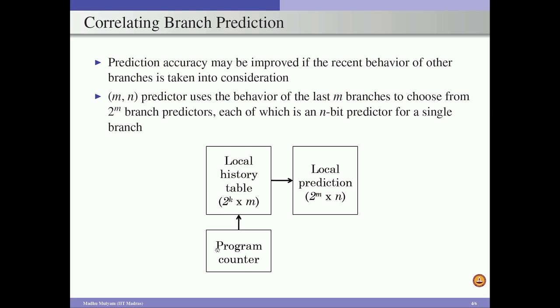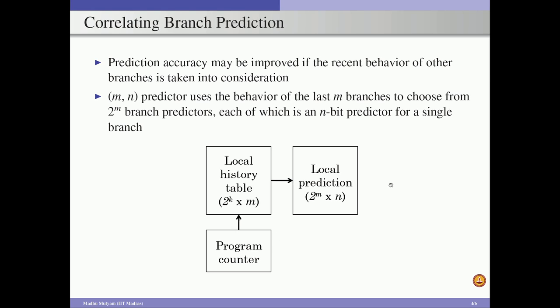Each entry of this local history table has m bits, and using these m bits we index into a 2 power m entry local prediction table, and each entry in this table consists of n bits, and these n bits tell us whether the branch is going to take place or not for this particular branch.